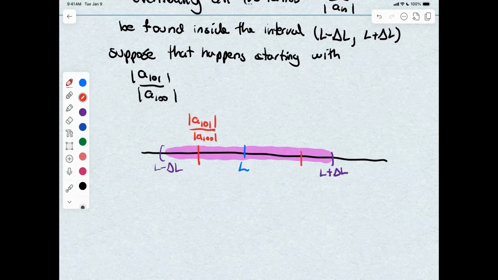So maybe somewhere in here is A of 102 divided by A of 101. And then maybe here is A of 103 divided by A of 102, etc. And all the other ratios live somewhere in there. Okay?